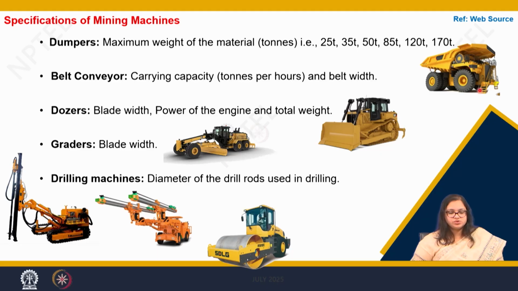The same goes for the grader as well. Now coming to the drilling machine, we specify it in terms of the diameter of the drill rods that are used in drilling. Here we can see a single drill bit or multiple drill bits which help in the drilling operation.